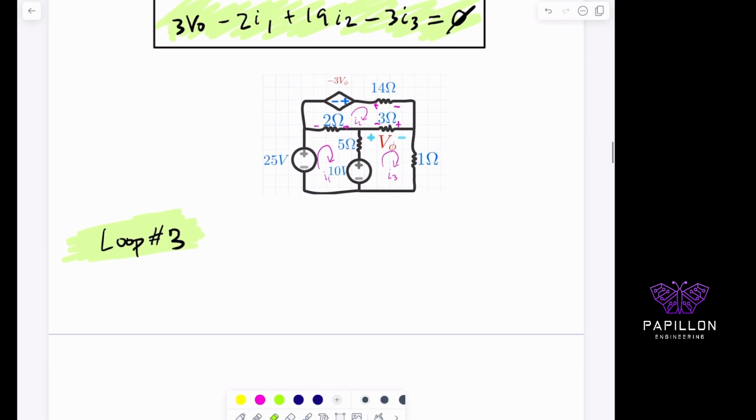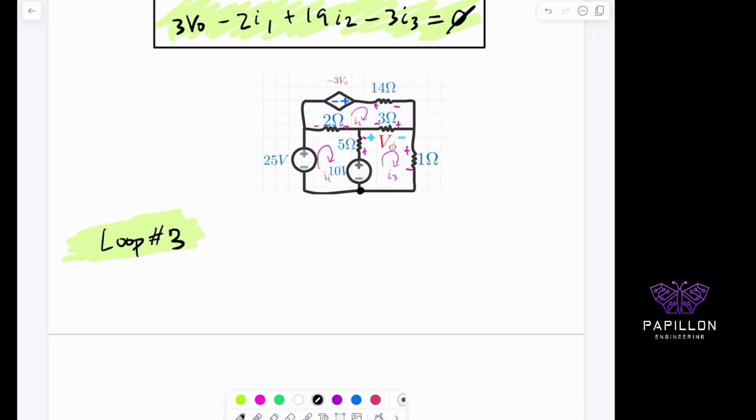So the third loop, I'm going to look at this over here. So over here, it's minus positive, but then I take on the positive negative. Notice on this particular problem, they tell you this to be positive negative, by the way. Maybe that's going to be of use in a little bit. And then, of course, positive negative again. So when I write this equation, I'm going to go through this as I did before.